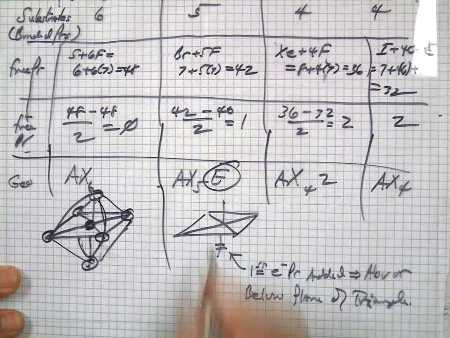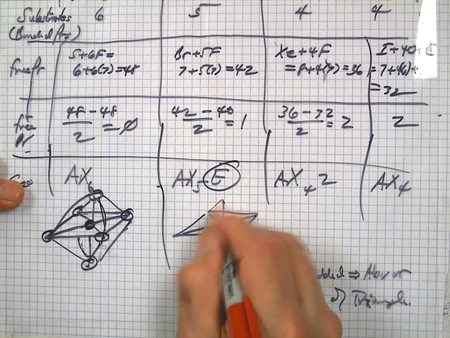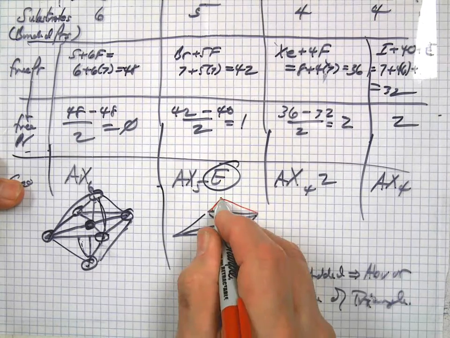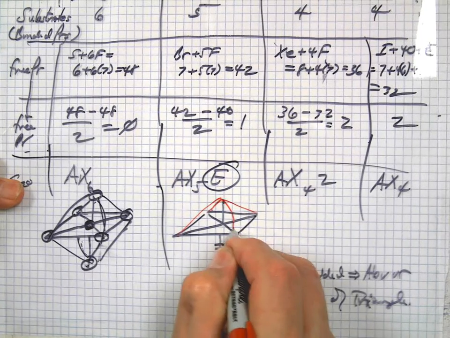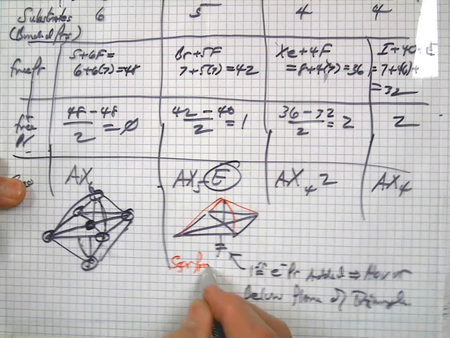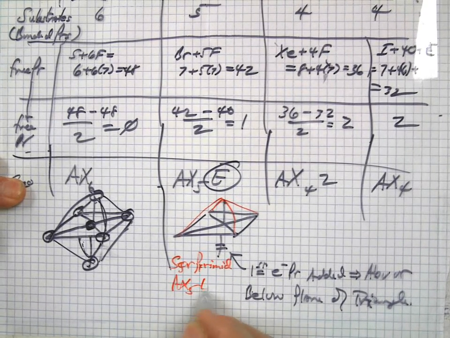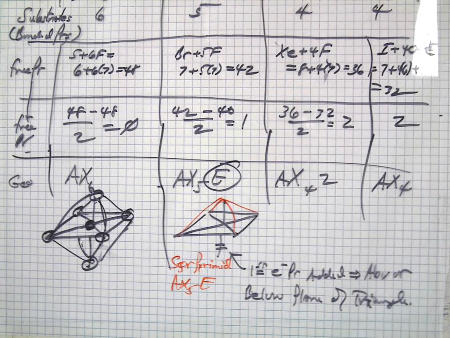Above or below the triangle. So what you're left with in perspective is what we call a square pyramid geometry. And that's an AX5E, giving you 5 and 1.